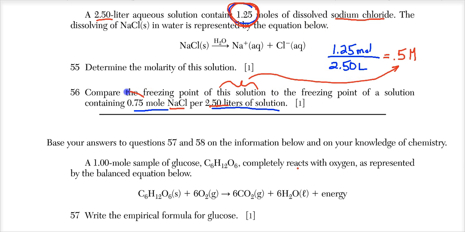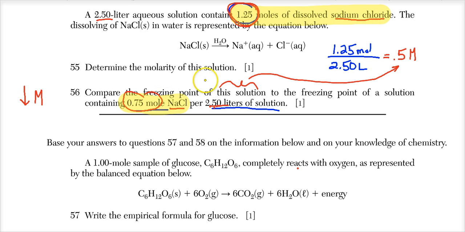Here they're adding 0.75 moles to the same amount of water. So if you were to calculate the molarity for 56, the molarity is going to be lower. The concentration has to be lower because we have fewer moles of sodium chloride than the solution above.